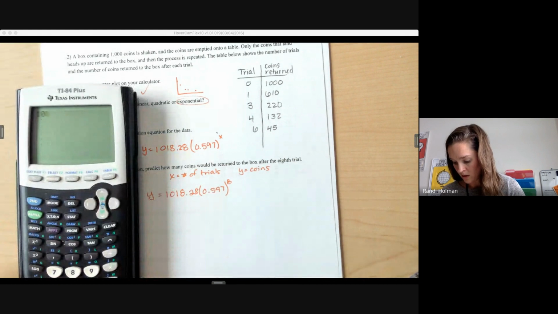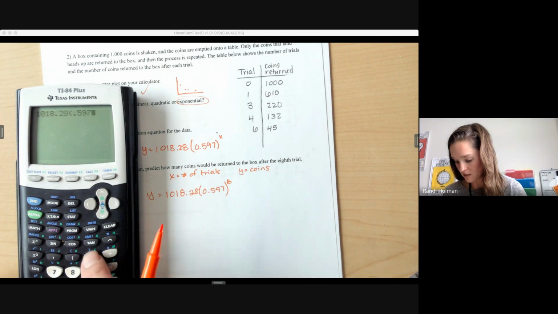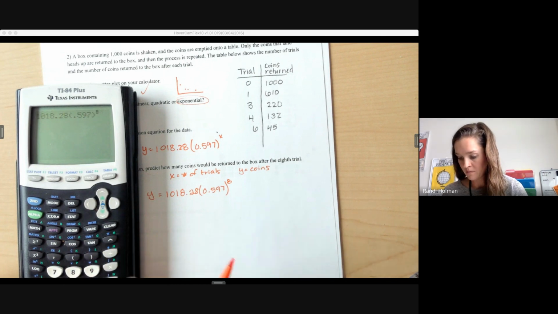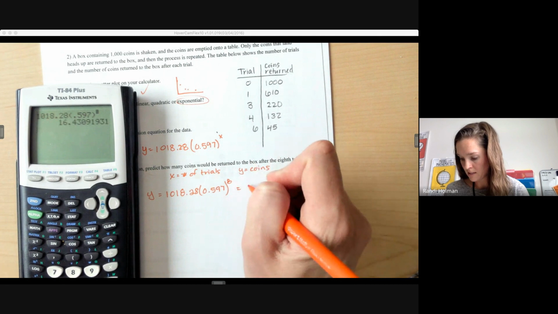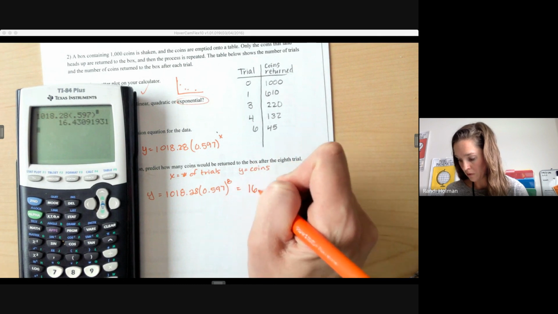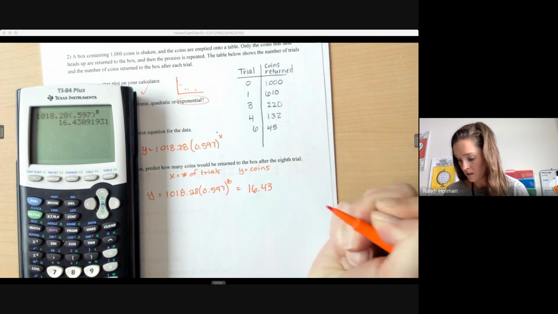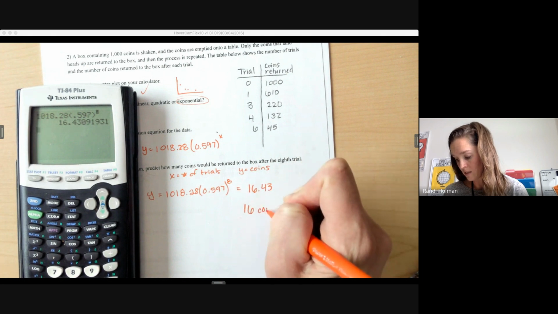So 1018.28 times 0.597 to the 8th. And we get 16.43, but these are coins. So 16 coins is what we would expect.